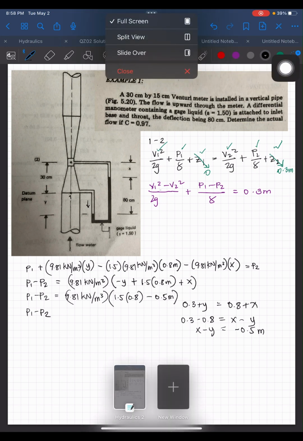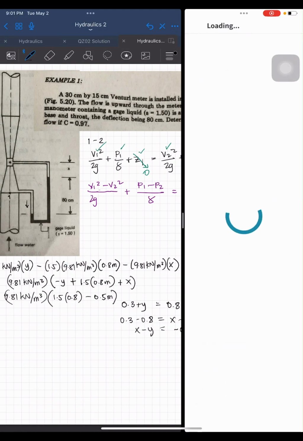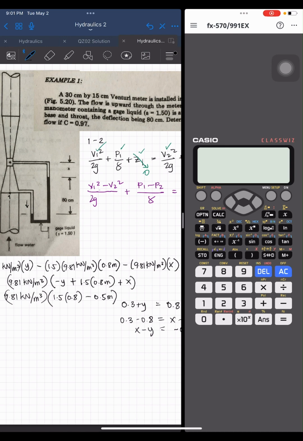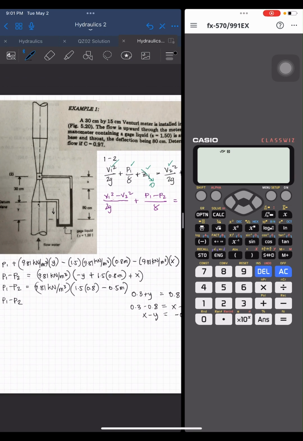Open natin yung ating calculator. So that would be 9.81 times open parenthesis 1.5 times 0.8 minus 0.5 is equal to 6.867 kPa.